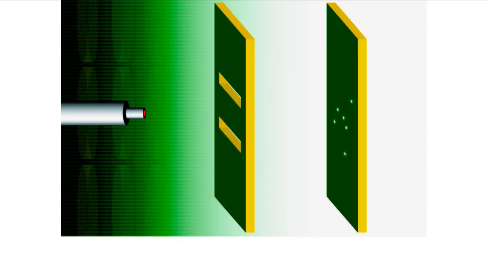But it gets even weirder because if you start firing individual electrons through these two holes, and you give it enough time that they can't possibly interfere with each other, they're being detected at the other end as particles. You can see them appearing on the light sheet as individual particles.